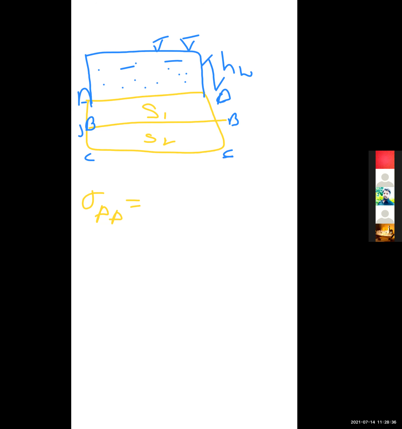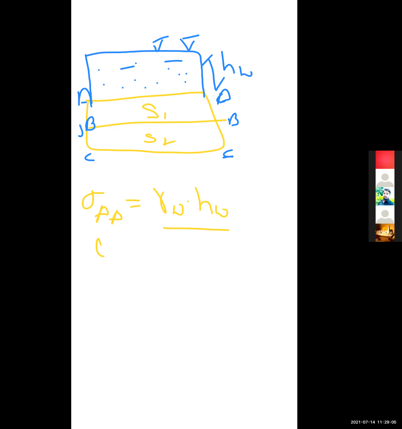Is there any overburden pressure? Yes, ma'am, due to water pressure acting at layer A. So what is the value of that pressure? Ma'am, gamma W into HW. Yes, ma'am, this is the pressure acting at level A. Okay.